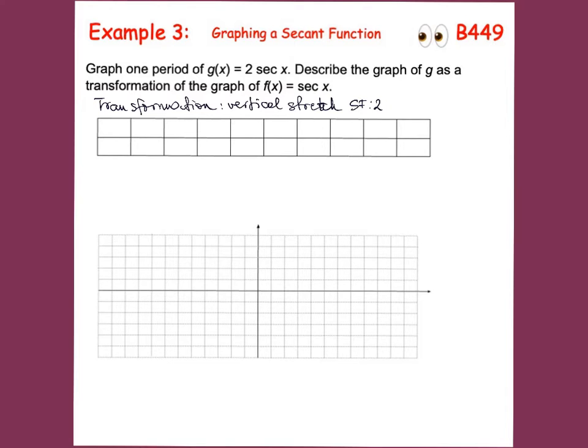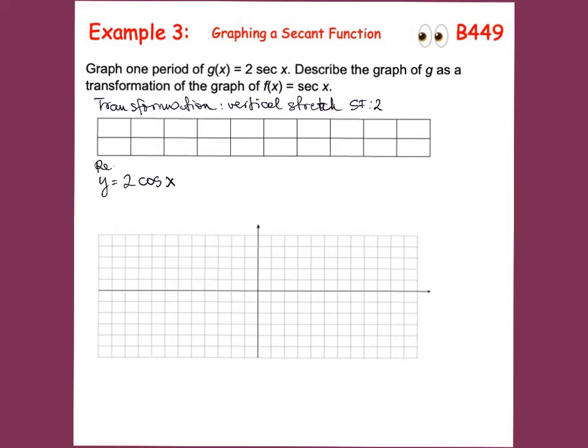And so again, as I said, we are going to graph the reciprocal function. So the reciprocal function of secant x is cosine x. So let's go ahead and graph first y equals 2 times cosine x. So we are going to graph y equals 2 times cosine x.